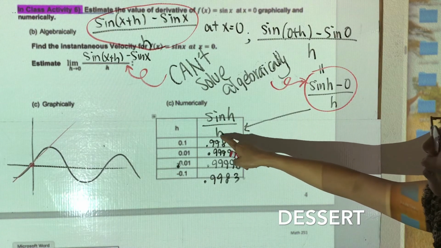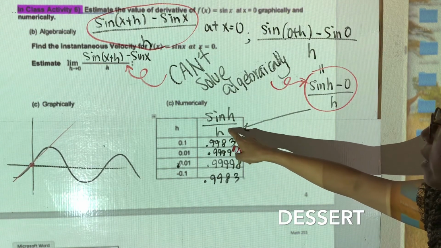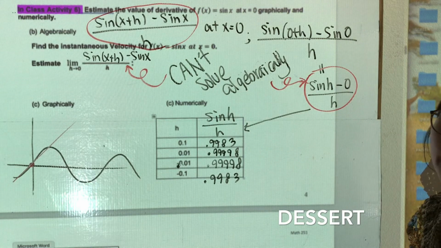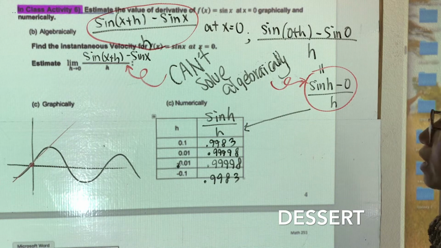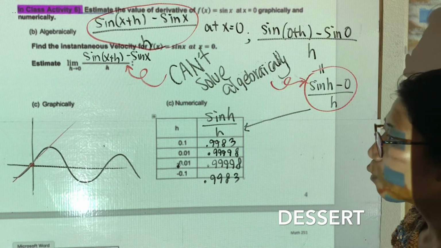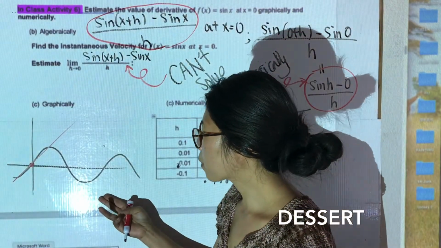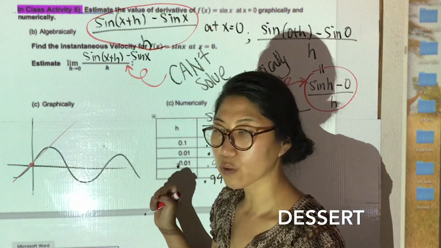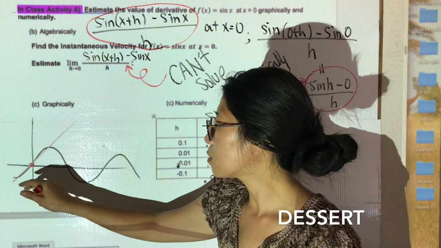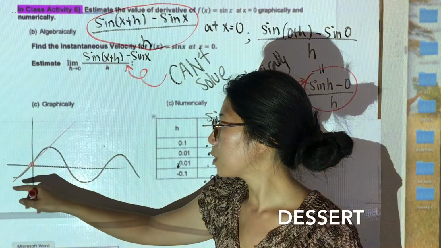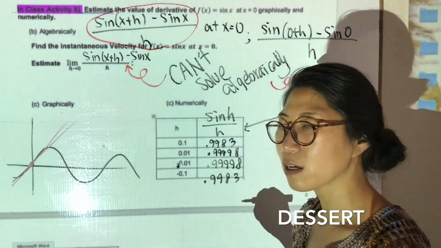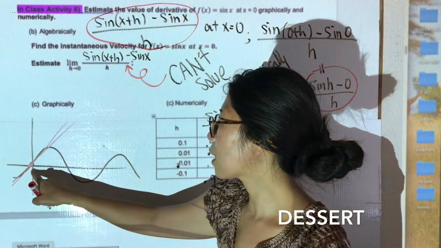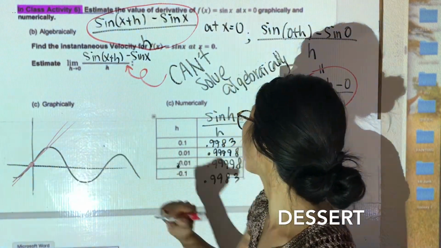I still get stuck with the denominator h, so I cannot solve algebraically. So now we have to approach it graphically or numerically. How are we going to approach graphically? We know the sine function, so I graph the sine function. At 0, my function looks like a linear equation this way, but I cannot really get much information besides it passing through 0, 0.